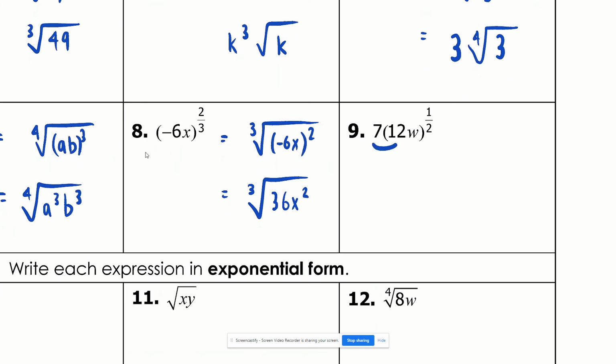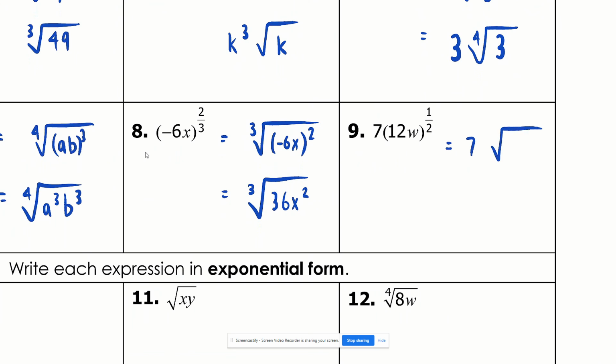Please don't multiply the 7 by the 12. Remember, in PEMDAS, exponents come before multiplication. So therefore, what I'm going to do, because the instructions here tell me they want me to write it as a radical. So that means that 7 is on the outside of the radical. Okay?